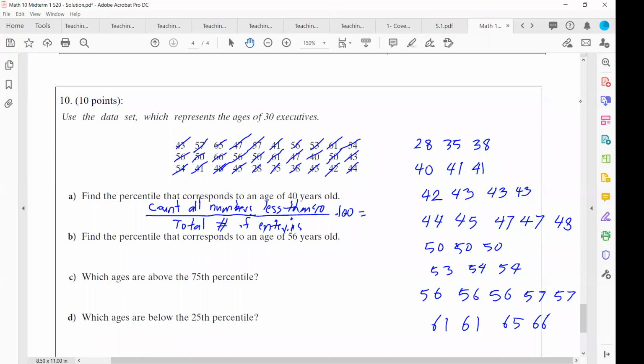Okay, how many numbers are less than 40? Less than 40. 1, 2, 3. 3 divided by how many data do we have in our collection? We have 30. And we multiply it by 100. 10th percentile.